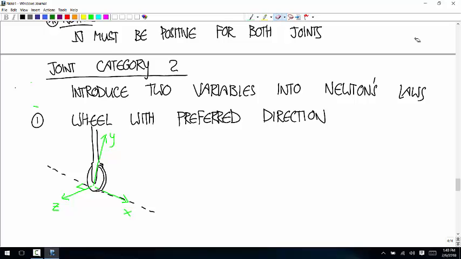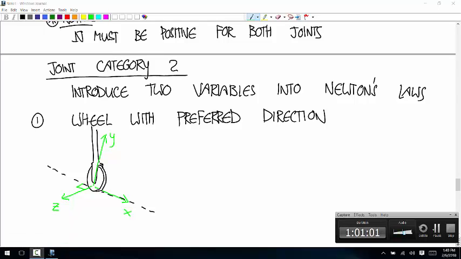So let's think about what directions this can move. Diagram.